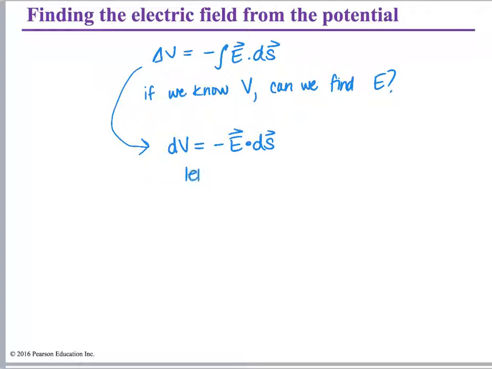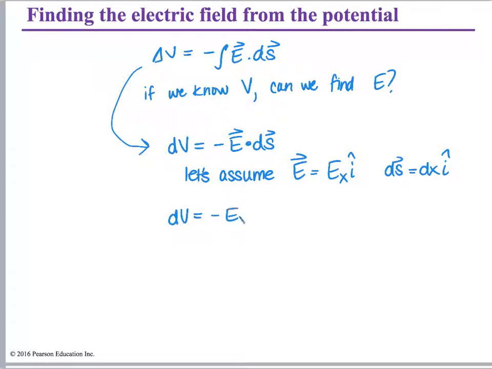Let's assume that E is Ex, and then ds is going to be dx. We're just going to assume one dimension to make things really simple. So this changes to dV equals minus Ex dx. If we rearrange things, we can say that the electric field is just minus the derivative of the potential with respect to x.